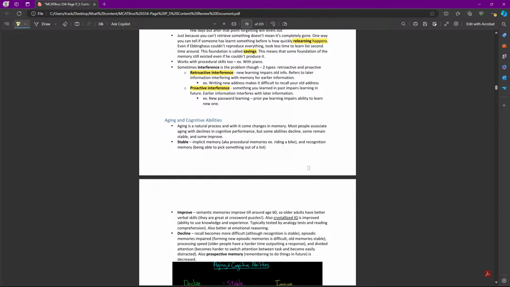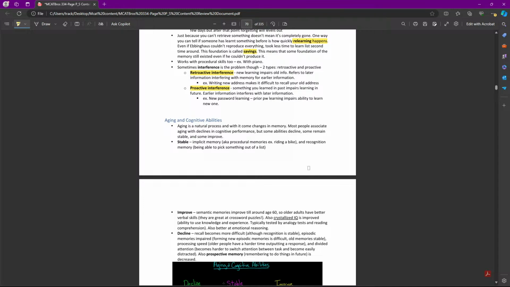It does impact certain details, like remembering the time of day of an event. Like if you have a meeting at 2 p.m., for older people it's hard to remember that because it's less important. But let's start with stable. Stable is implicit memory and recognition memory.